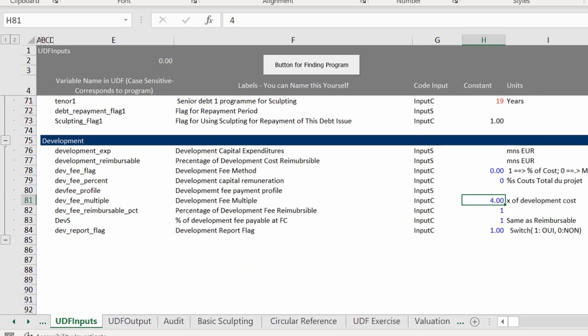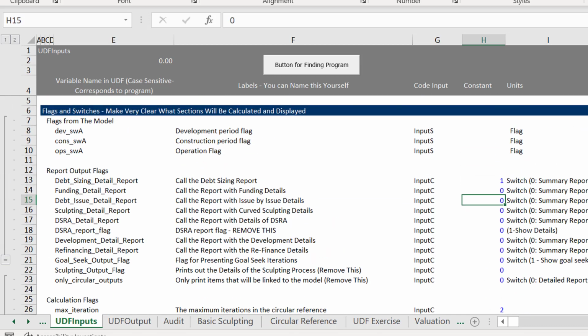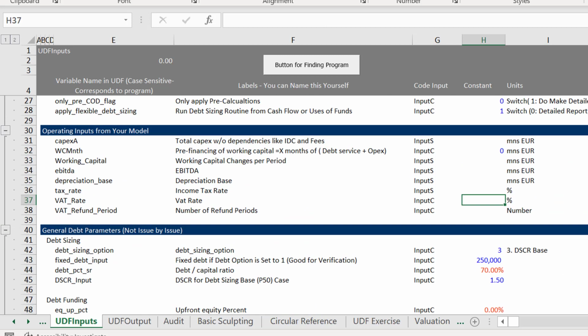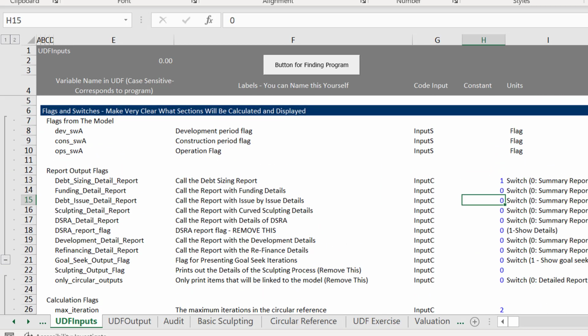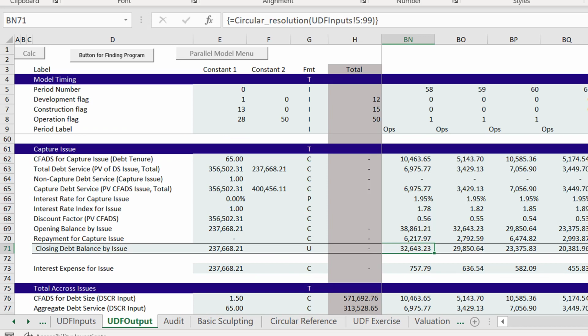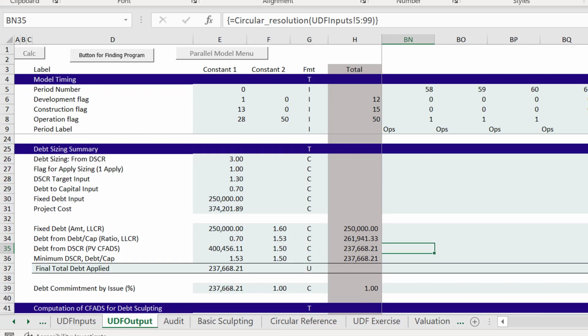This user-defined function just requires a few little inputs from your model, and then you define different reports you want, different outputs you want, and different techniques for sculpting, and it'll plop out and do all of this sculpting for you, and resolve the goal seeks and resolve all the rest of the circular reference.